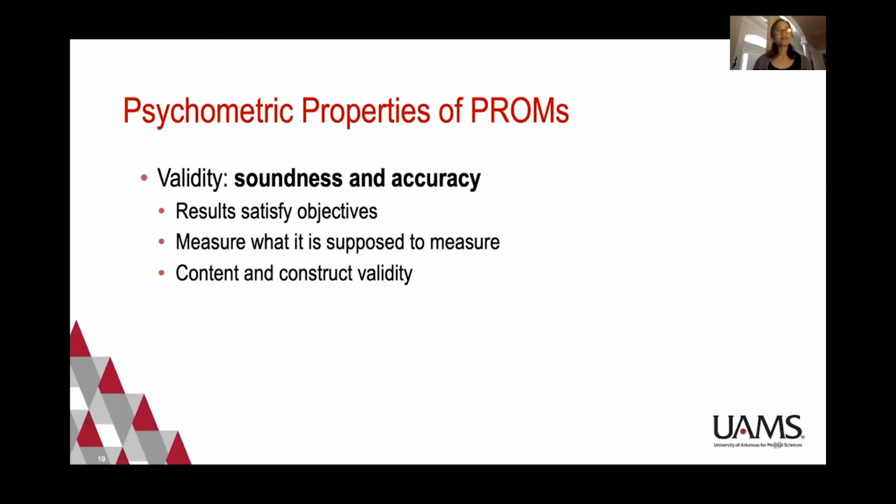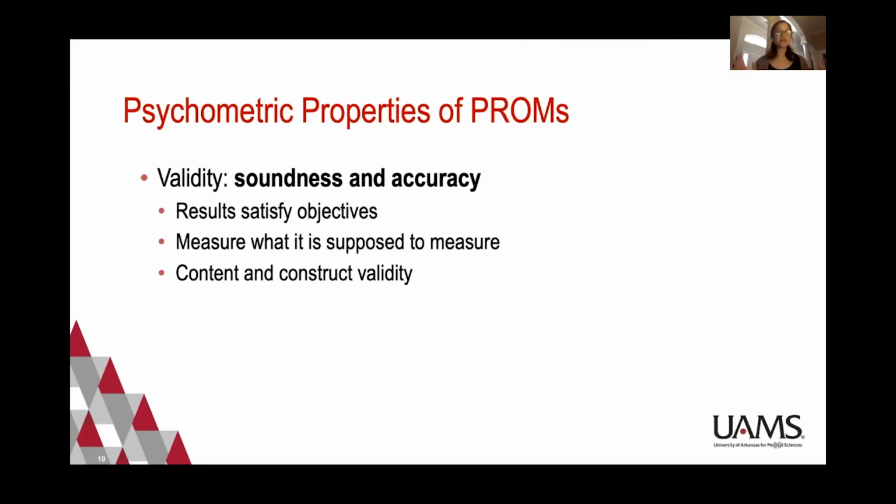First, you are all correct that those three are important psychometric properties, but I would like to highlight that validity is the most important psychometric property of a PROM, because validity shows the soundness and accuracy of the instrument to get the result that satisfies objectives.